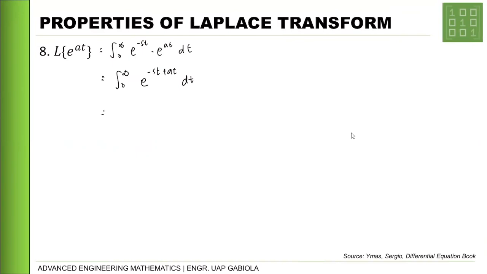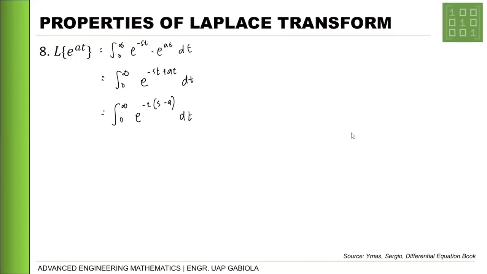Okay? Then pwede natin i-factor out yung t sa taas, no? So try natin i-factor out yung negative t. So negative t times (s minus a) dt. Okay? Then we simplify using simple integration.